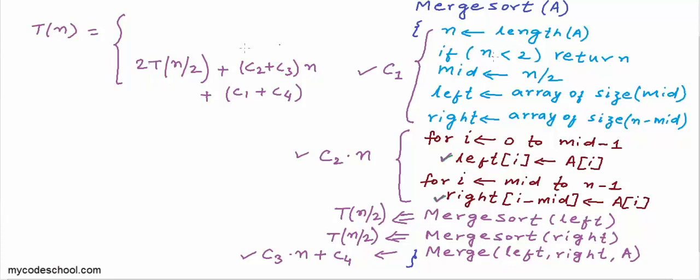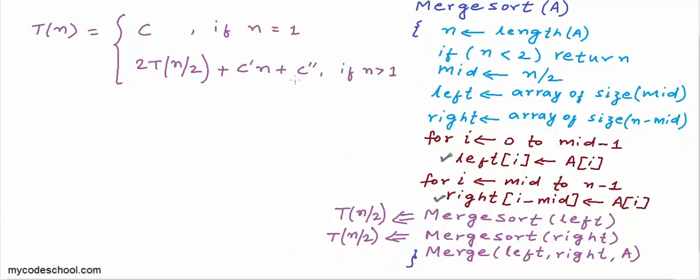In this case there is only one simple comparison and we return, so the cost will be some constant. We can simplify this equation further. Let's say this is equal to 2T(n/2) plus c'n plus c''. Once again, c' and c'' are some constants.